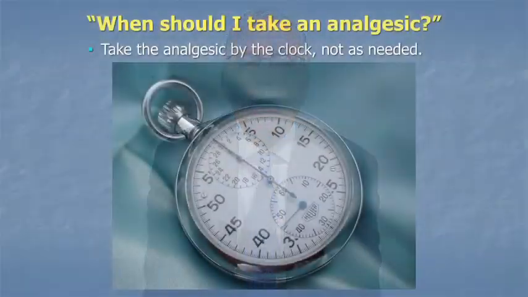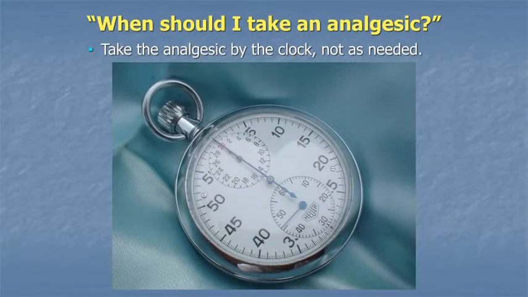One question about taking an analgesic is, when should I take it? Now, the classic means of prescribing an analgesic is that a patient is told, if you have pain, then take this medication. Unfortunately, that is not the best way to take an analgesic. Pain is caused by the release of mediators. If we wait until those mediators are in place, which usually takes about 2 hours, we're really playing catch-up.